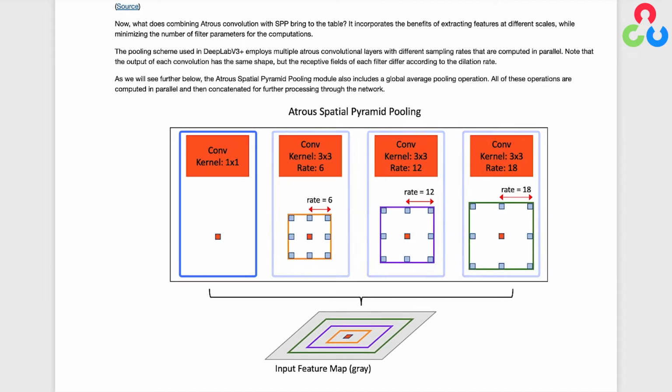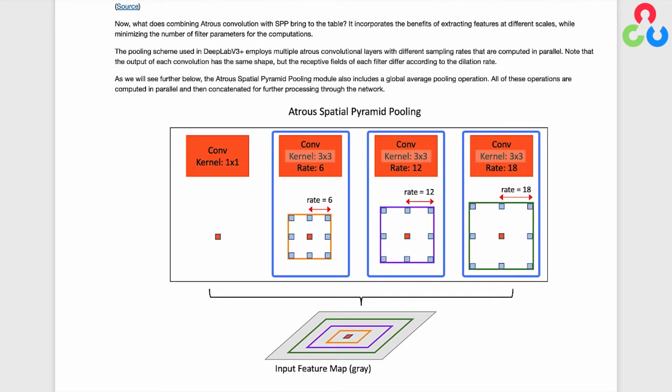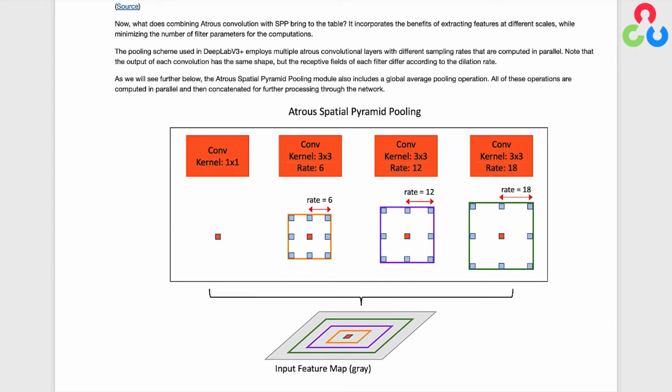Other than the 1x1 filter shown at the far left, the other 3 filters use 3x3 kernels, but with different dilation rates to achieve different size receptive fields on the input feature maps, which lead to capturing features at different scales. And then the outputs from each filter are concatenated together to aggregate all the features.